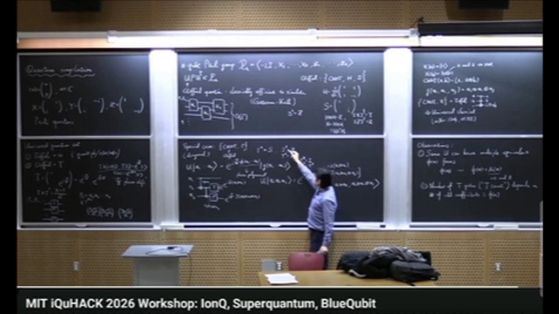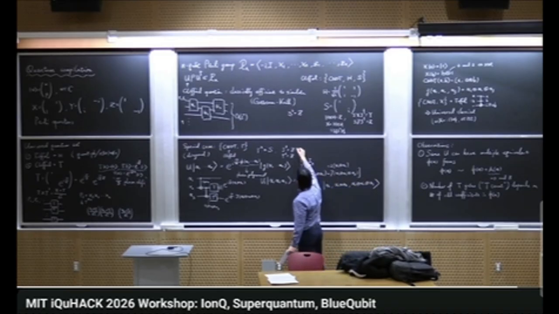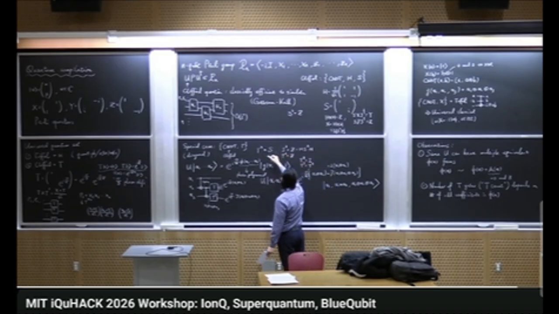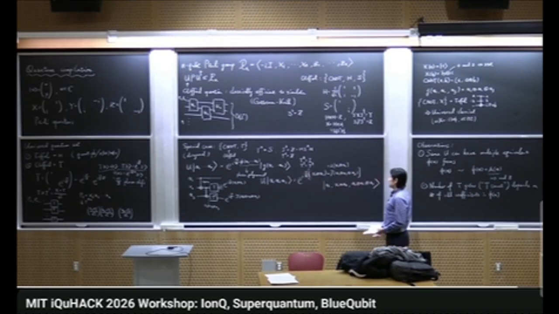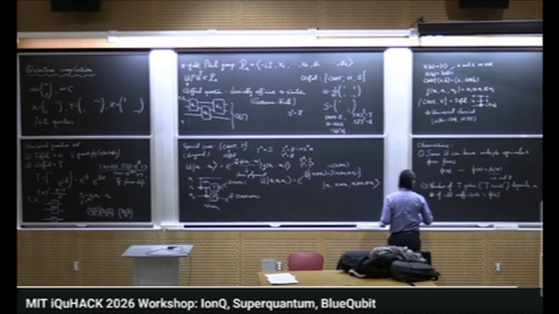Basically any even power of T will give you identity or something that's still easy to simulate. Z is simulatable with Clifford gates, as we showed before. So all the even powers of T can be simulated with Clifford gates, and it's only when the power of T is odd that you have a T gate or a T dagger.